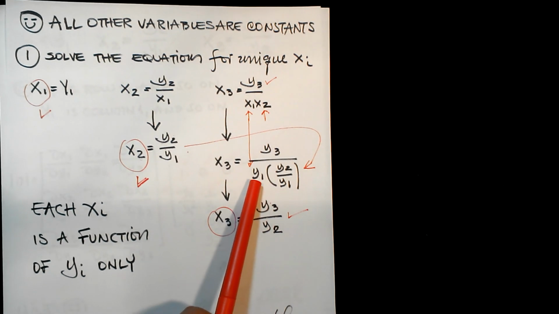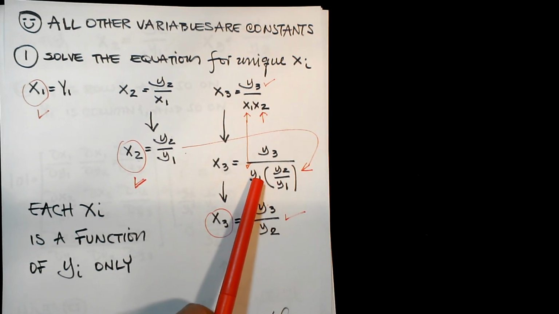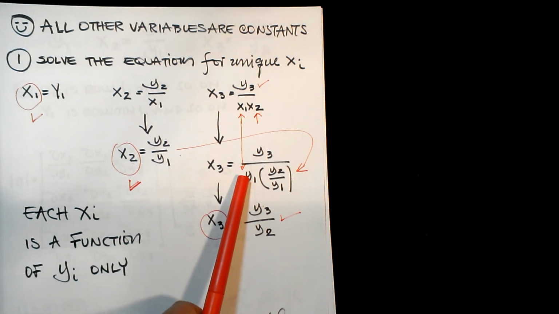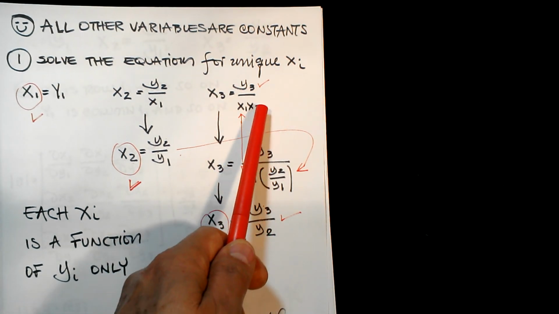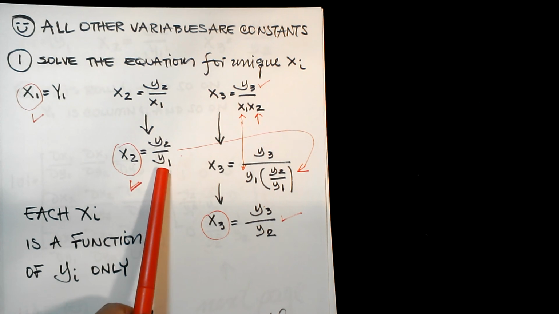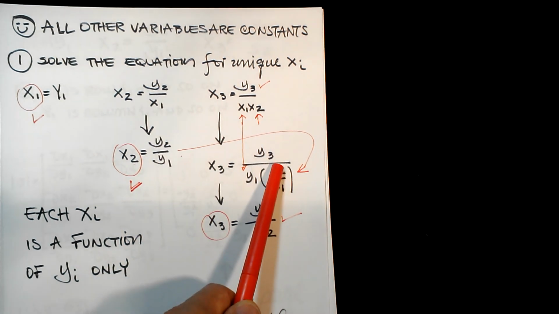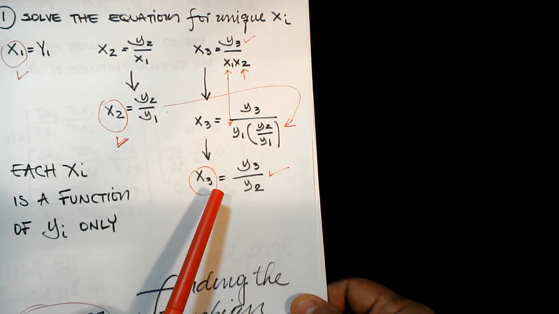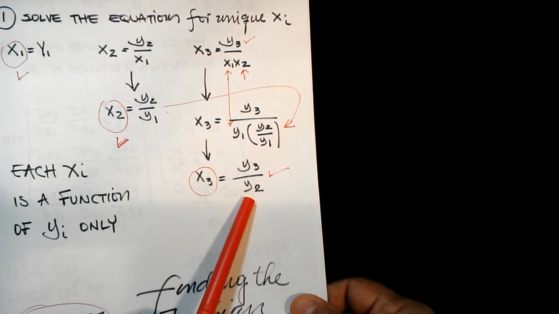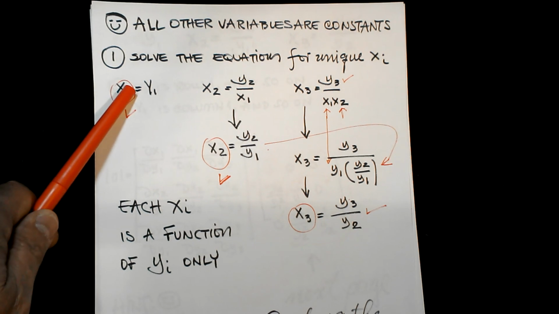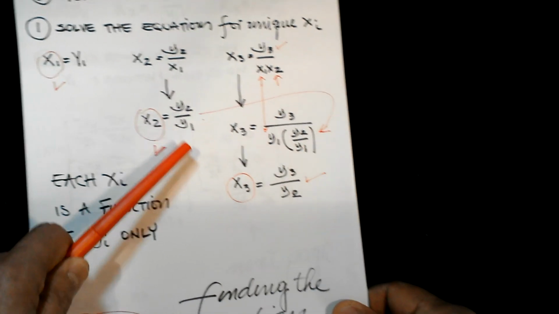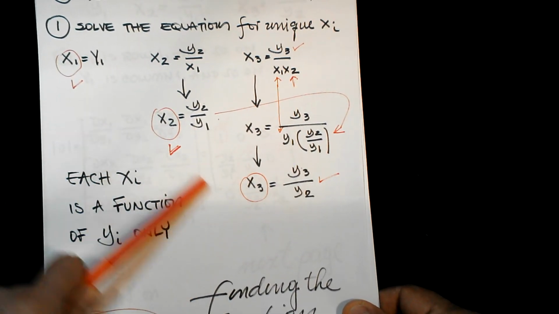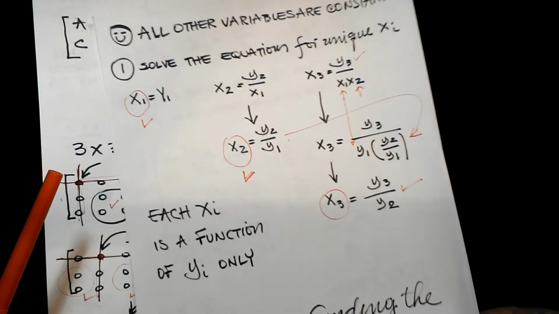We know x1 equals y1, so I put y1 for x1. And x2 we just found here: x2 is y2 over y1. Simplify, and we end up with x3 is y3, y2. As you can see, we have x1, x2, and x3, all three as functions of y. We can now proceed to find the Jacobian.